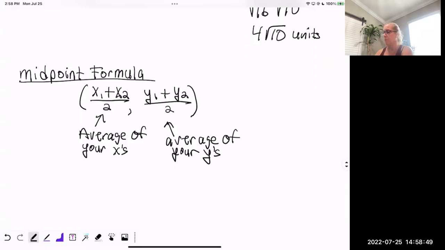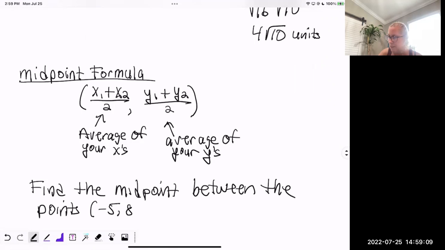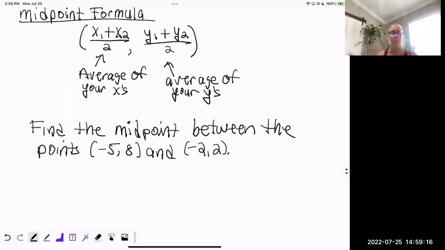All right, so let's look at midpoint. Let's find the midpoint between the points -5, 8 and -2, 2. So I want to find what point is halfway between those 2 points. You're going to find the average of your x's and the average of your y's.